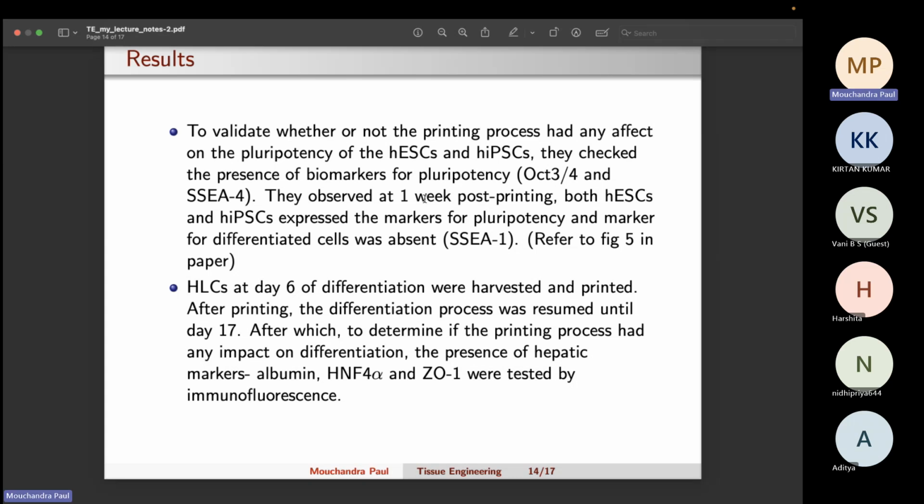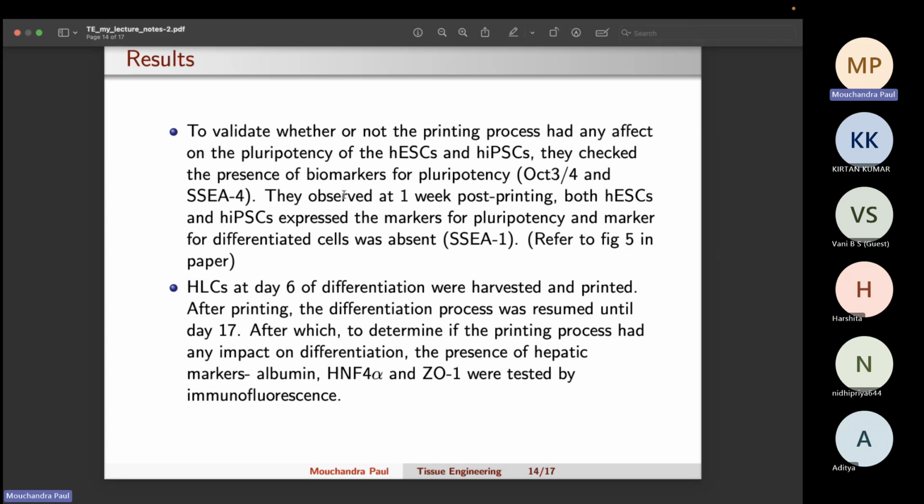You can say whether or not these stem cells are still expressing the markers unique to stem cells. Because if these markers are expressed, then yes, they are stem cells, and stem cells will have the pluripotency.